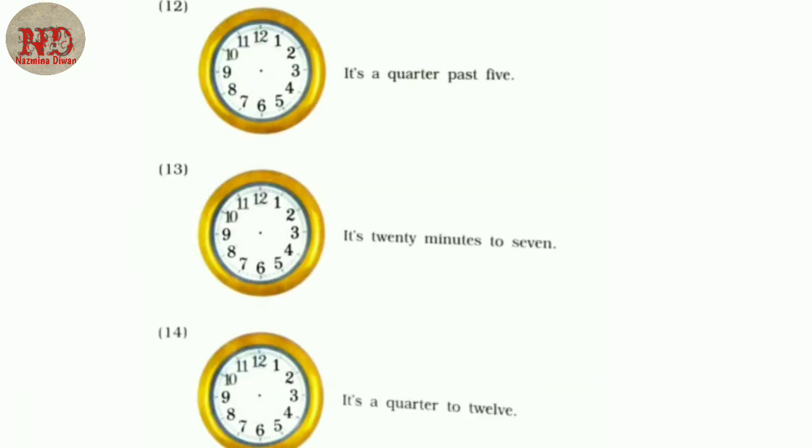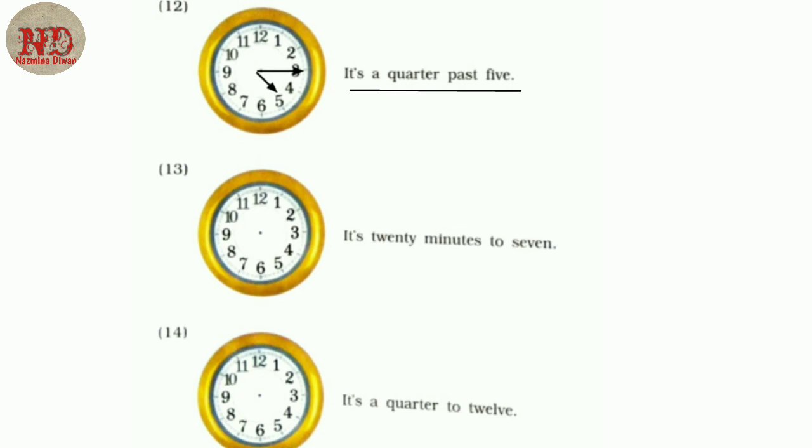Now let's see the next clock. What time is it? It's 5:15. So students, we know that 5:15 means 3. So you have to draw a short hand on 5 and a long hand on 3. It is also called 5:15.